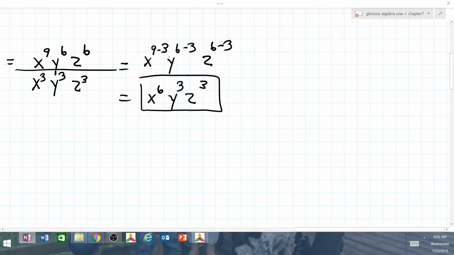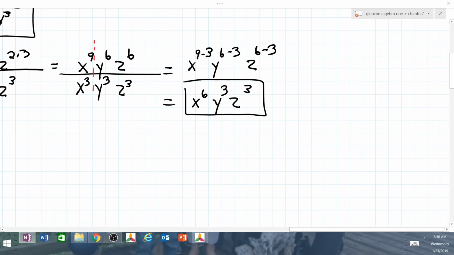Just like we started off with, nice and easy, using the exponent rules: x to the 9th over x to the 3 is 9 minus 3, or x to the 6th. Y to the 6th over y cubed is y to the 6 minus 3, or y to the 3rd. Z to the 6th over z cubed is z to the 6 minus 3, or z cubed. Are you with me? Okay.